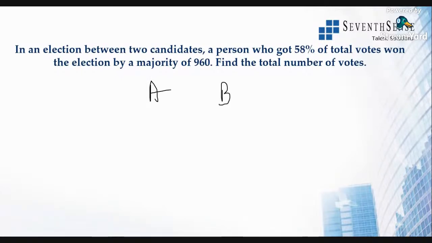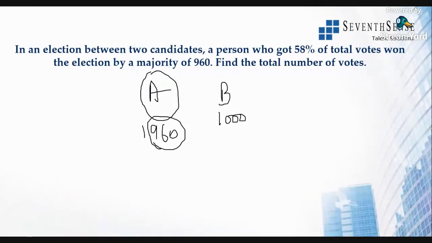If candidate B got 1000 votes, candidate A wins the election by 960 votes, so he gets 1960. So 960 is the majority. That is the meaning of the question.